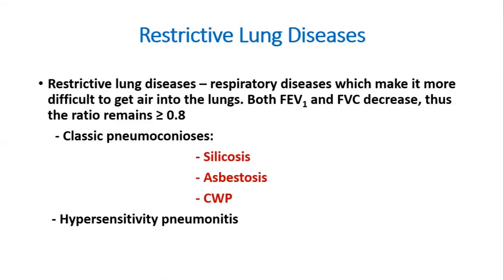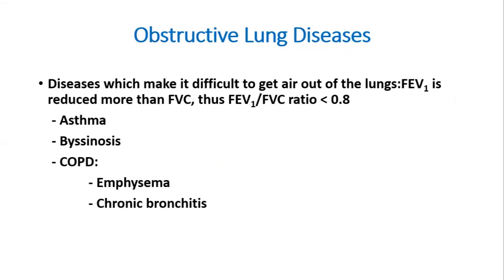All right? So both FEV1 and FVC decrease, and thus the ratio remains at 80% or 0.8. And I did mention to you the classic pneumoconiosis, the silicosis, the asbestosis, and the coal workers pneumoconiosis. And we also have hypersensitivity pneumonitis. So we're going to talk about them in a little while.